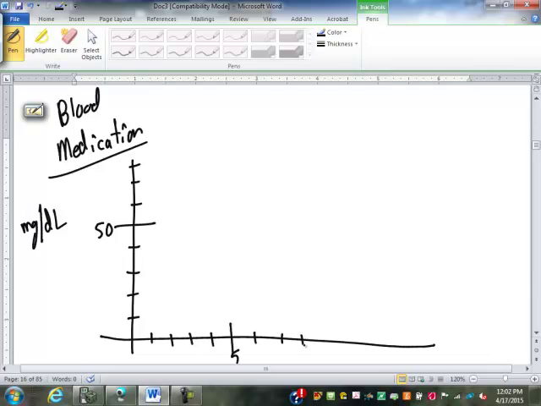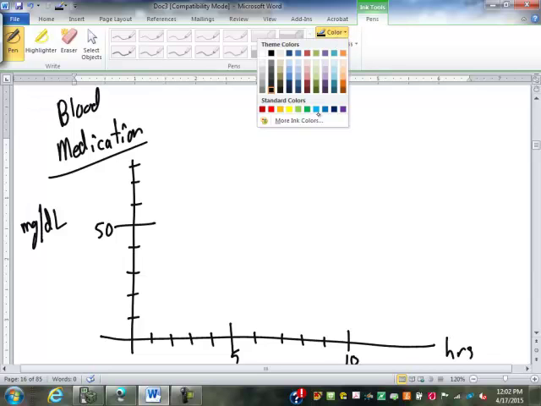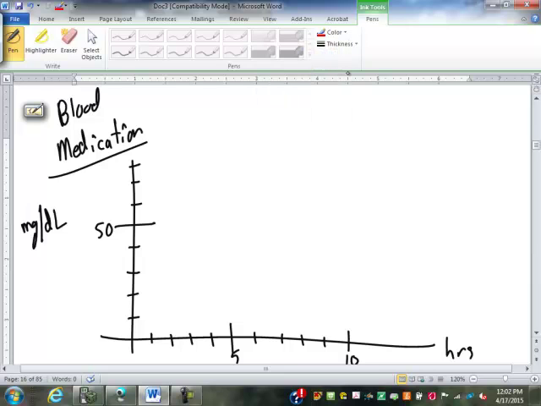And down here, this is hours. And let's say we have a graph that looks something like this. The patient has some medication in their system to begin with, and over time, the level is going to increase. So there's a line. Now notice I'm not going back in this direction because we're starting at 0. We can't go back into negative time.